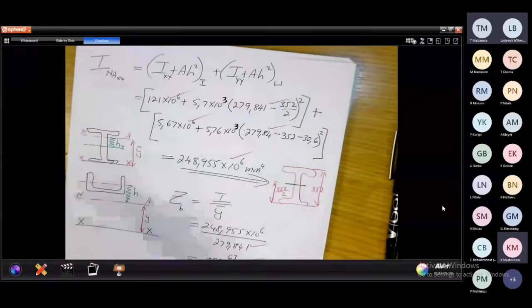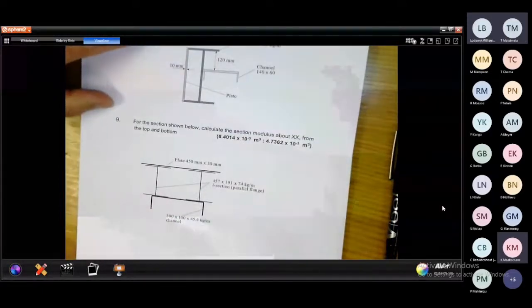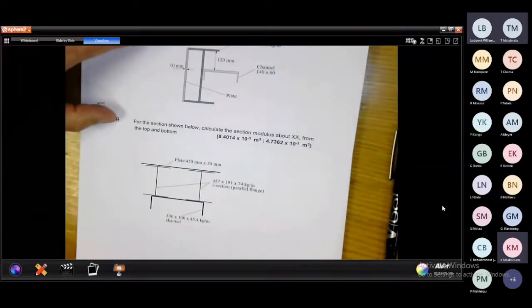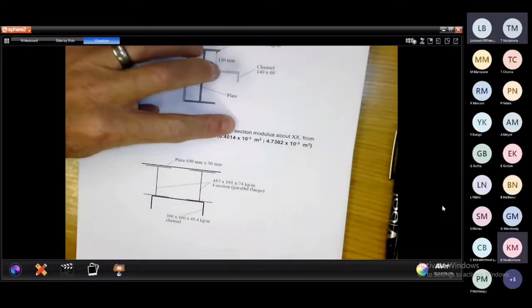Let me go into a more nice one. Let me try this one. This one, number 9 here, inverted. Decide for the section shown below, calculate the section modulus about XX from the top and from the bottom. Directly, your section modulus means you must calculate Z.